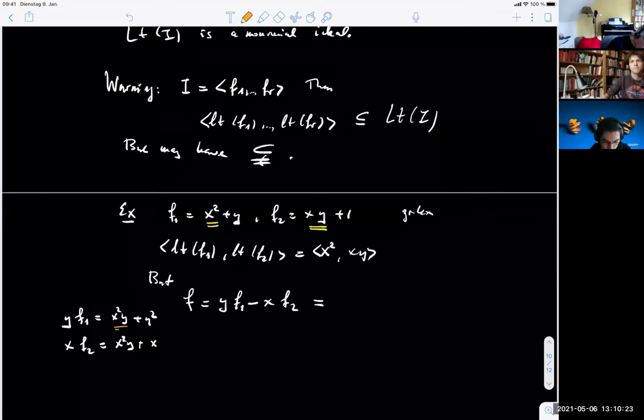These two terms appear in both polynomials, and if I subtract, they are eliminated.